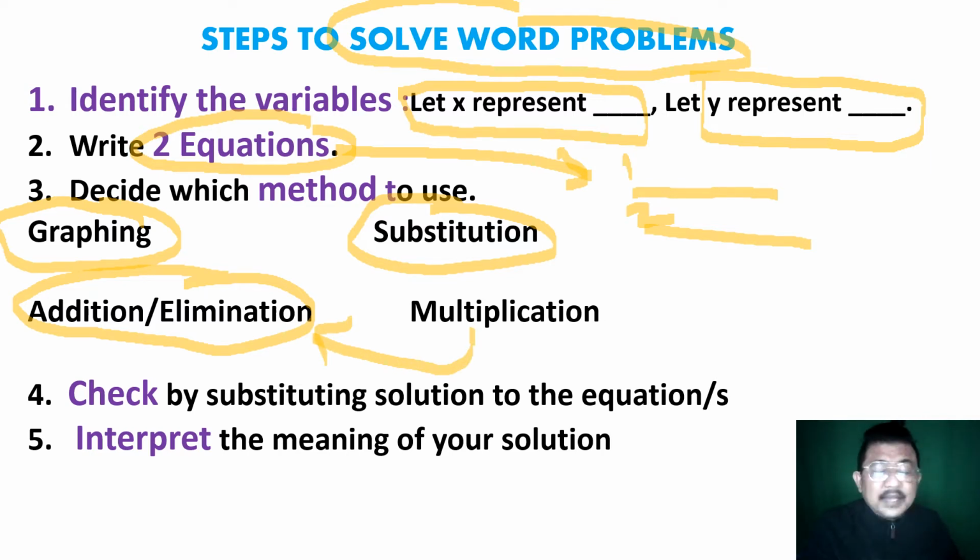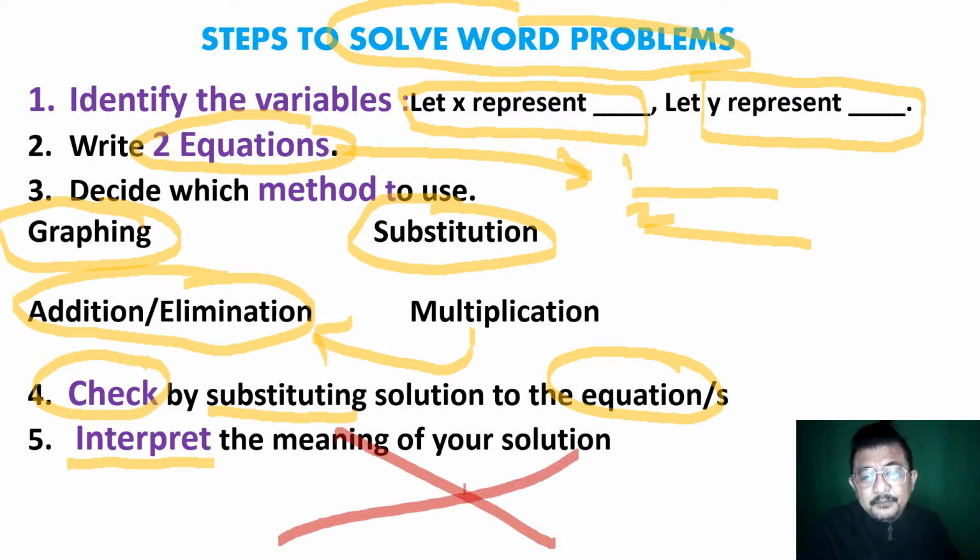Okay, next. After solving for x and y, check by substituting so that you know your equations are true. And then interpret the meaning. After knowing that x and y will meet at this point, what is the meaning of (4, 9)? All right, you'll have to interpret. Is it 4 minutes? They will meet at 9 miles. Okay, so that is the sequence.